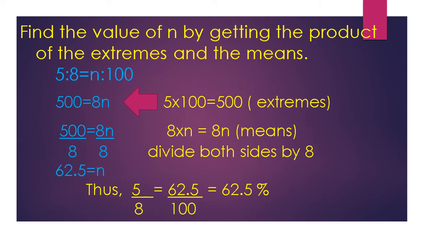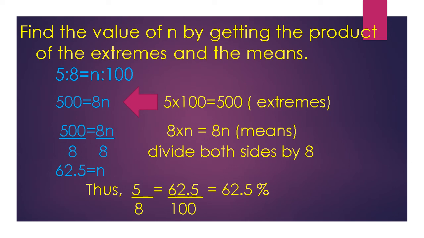So now we are going to divide both sides by 8. So 500 divided by 8 is equal to 8n divided by 8. So 500 divided by 8 is 62.5 or 62 and 5/10. So 8n divided by 8, we are going to cancel 8 and the other 8.